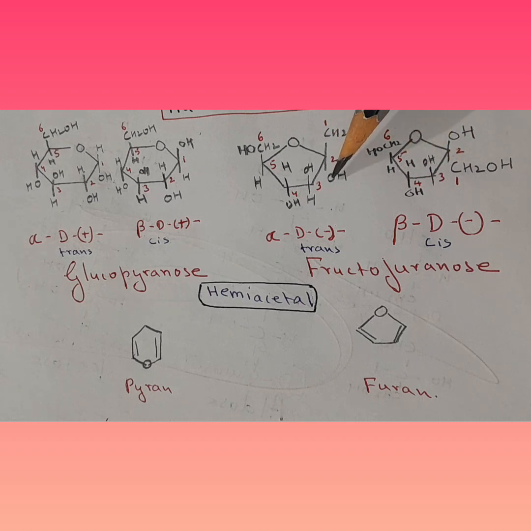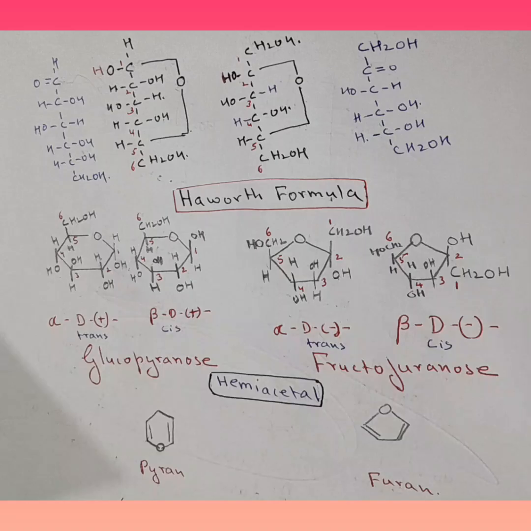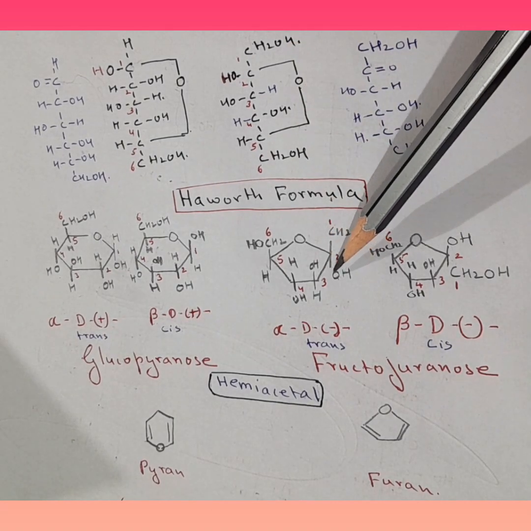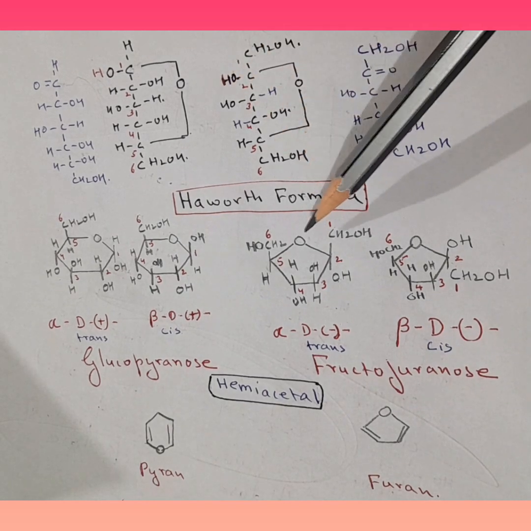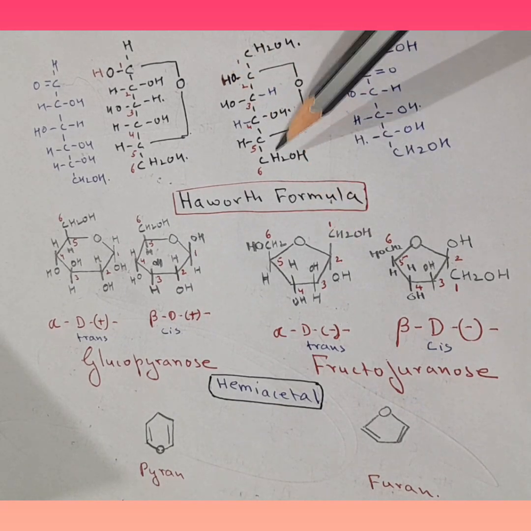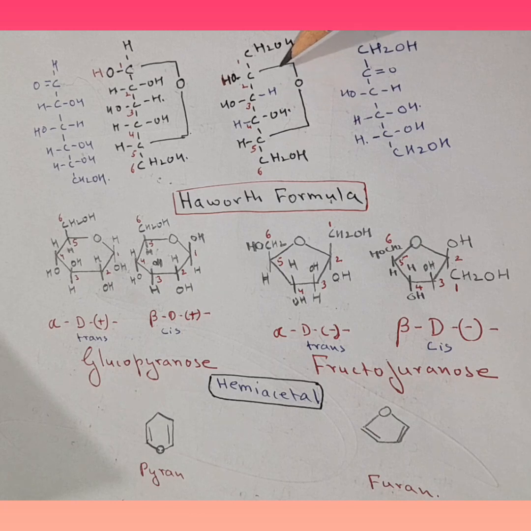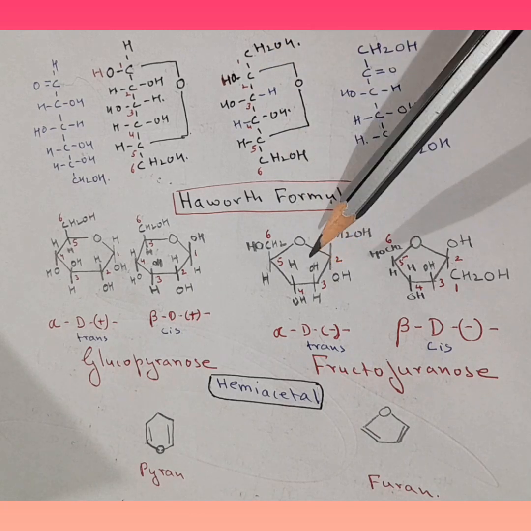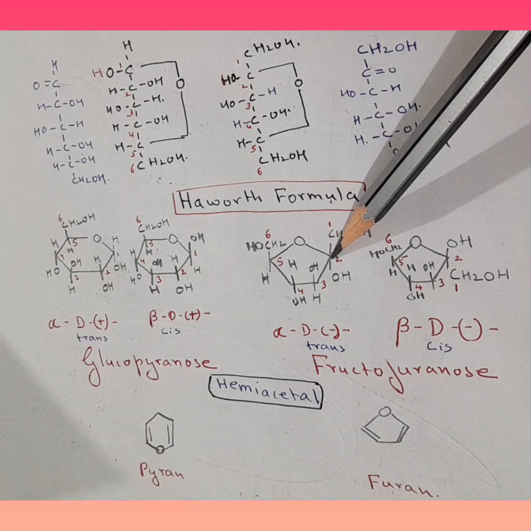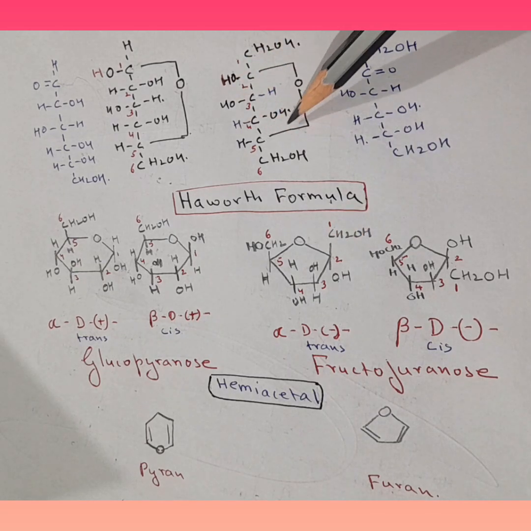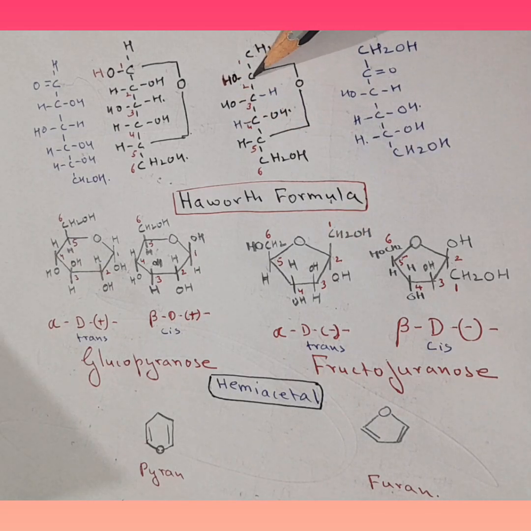Similarly, when we come to fructose, the same is the story over here. Now here again this OH we are supposed to check. This OH is this OH, and this O which is there is this O, the 5th carbon oxygen linkage to the 2nd carbon.